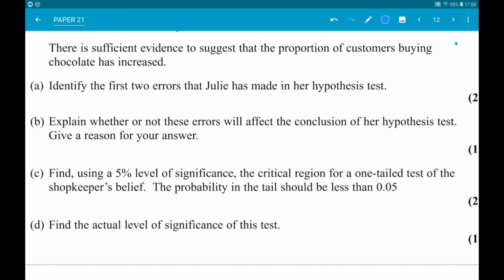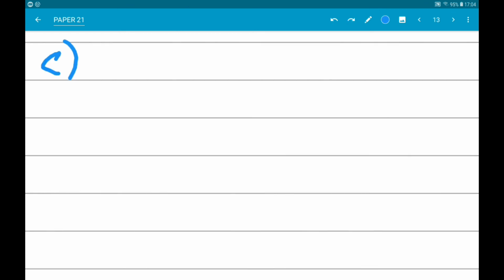So, we know the probability that x was greater than or equal to 8 was 0.07. So, quite close.